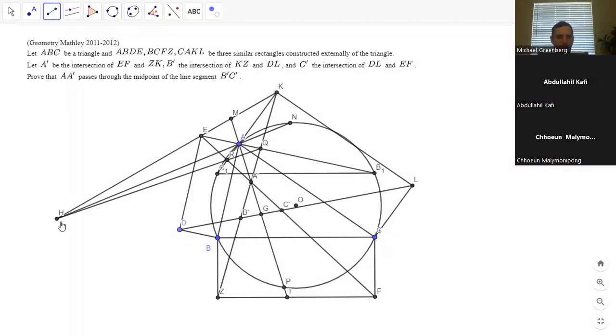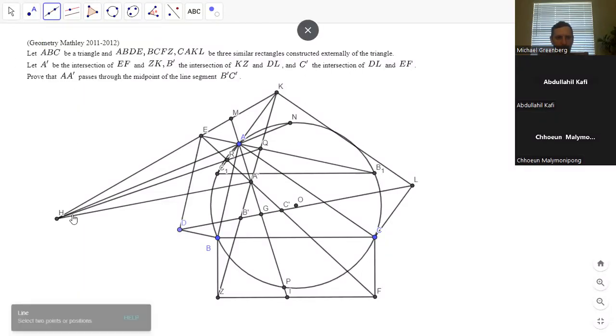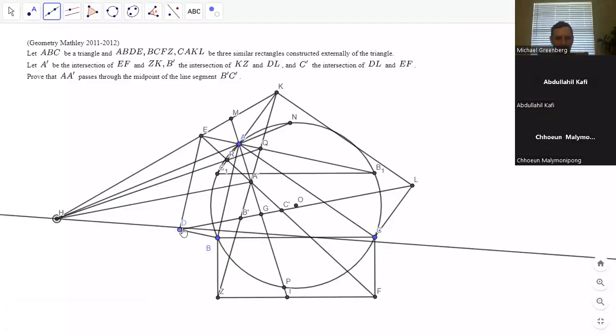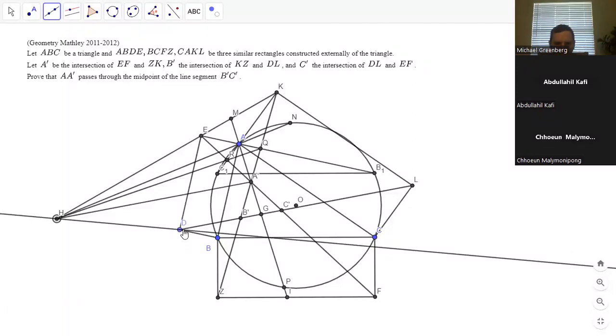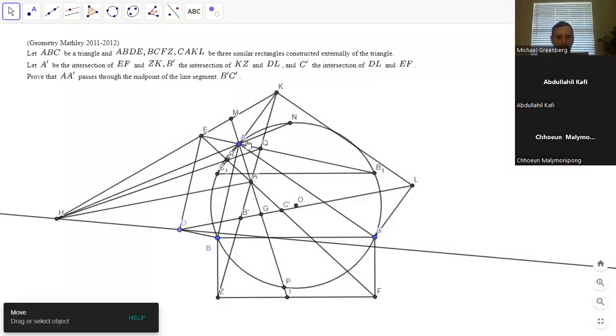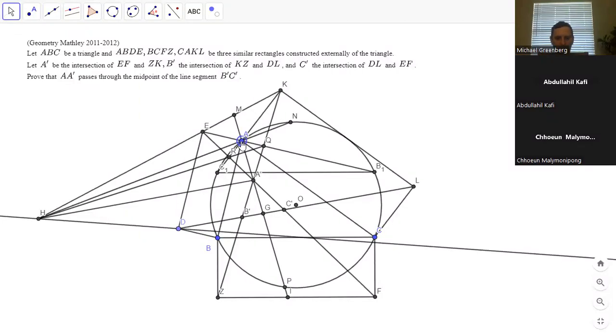So if we want to show they're parallel, what's a good way? I would be very surprised if these actually concurred, but let's see. Yeah, it's not true.